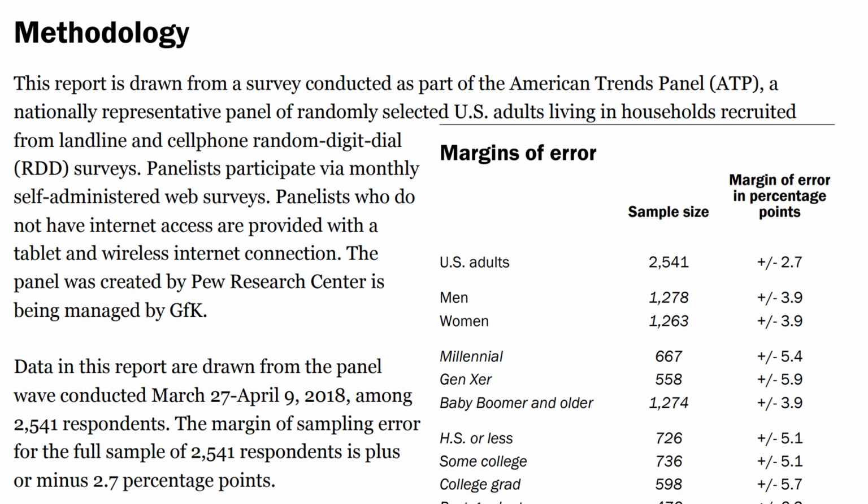And so they're basically dialing random numbers and seeing who picks up and answers. So that is a much more probability or random way to sample. And so it's probably more representative. This sample is more representative of the population.